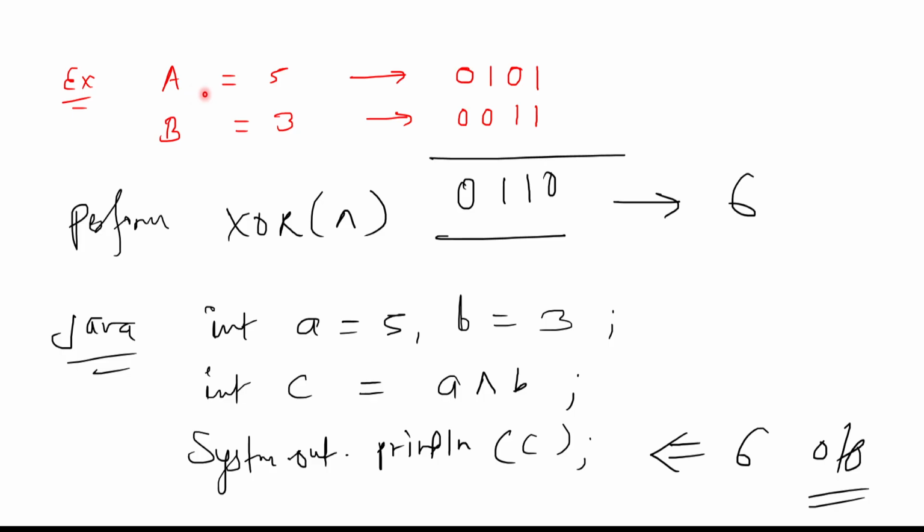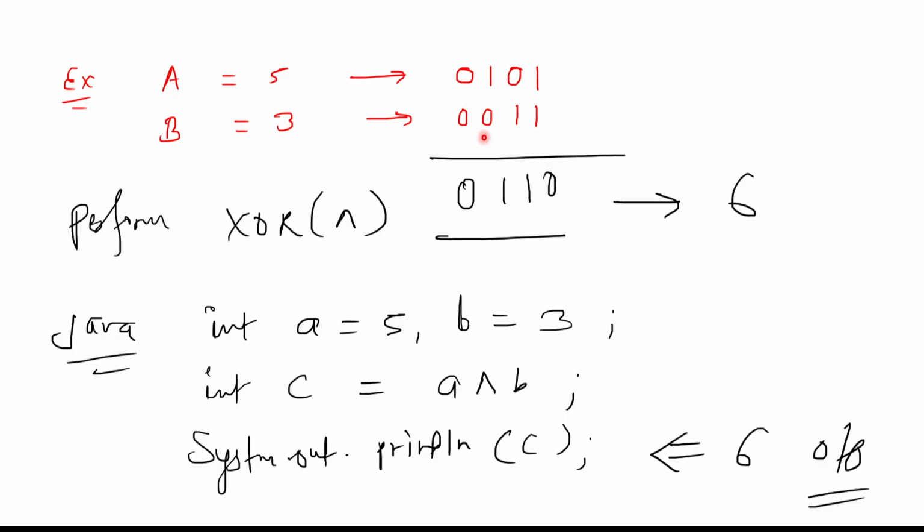Let's suppose we have two numbers, and let's see how we compare them bit by bit. If we represent 5 in the binary system, it will look like 0 1 0 1. You know the formula 8 4 2 1, and if it is more than 4 bits you go to 16, so 16 8 4 2 1, and so on.